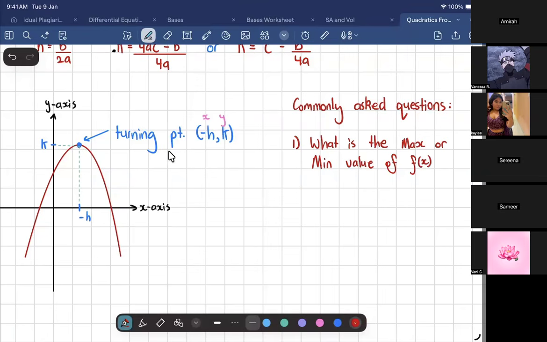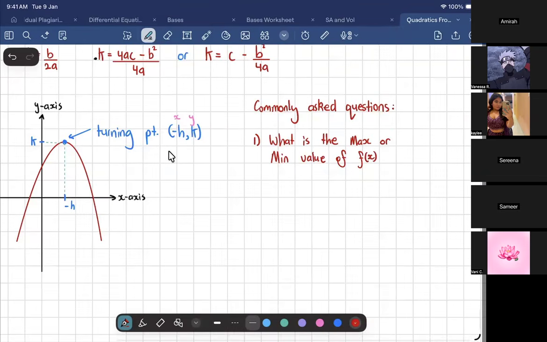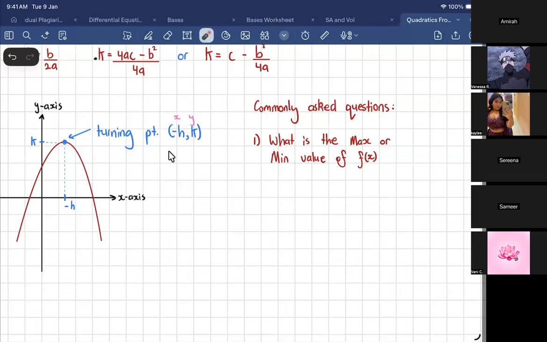Now, in this graph, do we have a maximum or minimum? A maximum, sir. Right. Now, when I say maximum, are you thinking of the x-axis or the y-axis? The y-axis, sir. Anybody else have that thought?